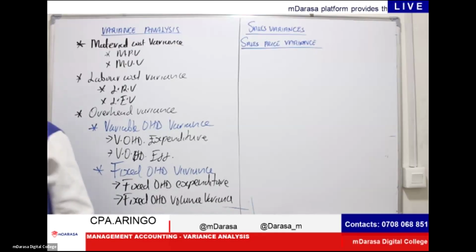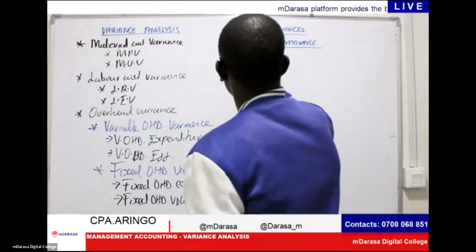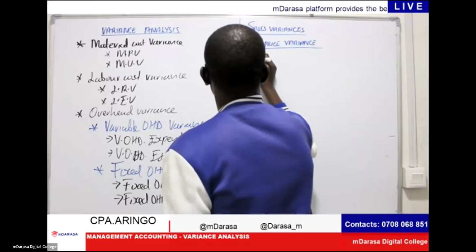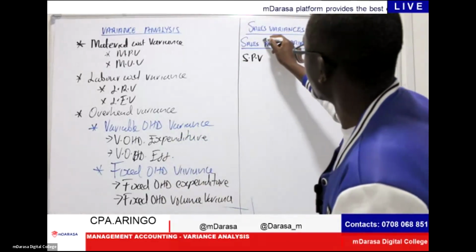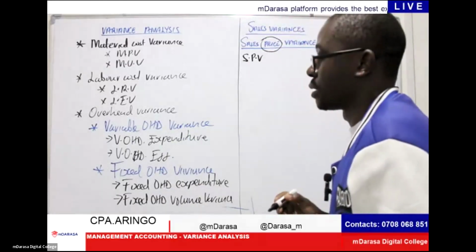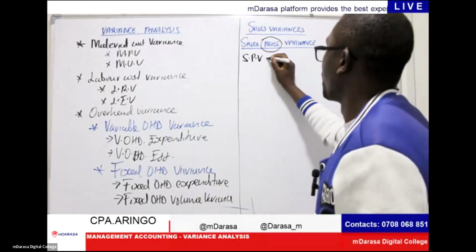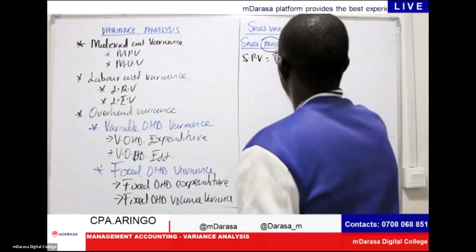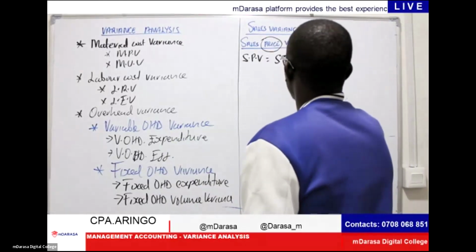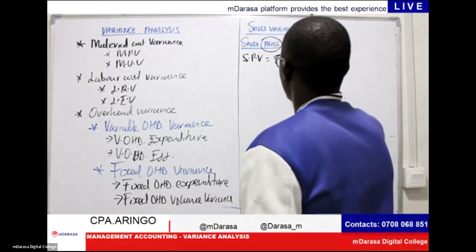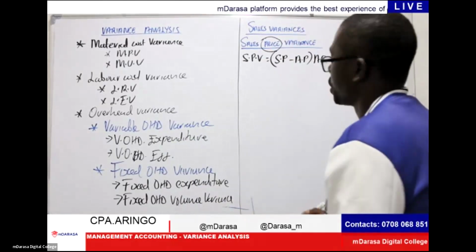For us to determine our sales price variance, we are looking at price. So it is the difference between the standard selling price per unit and the actual selling price per unit based on the actual units sold.